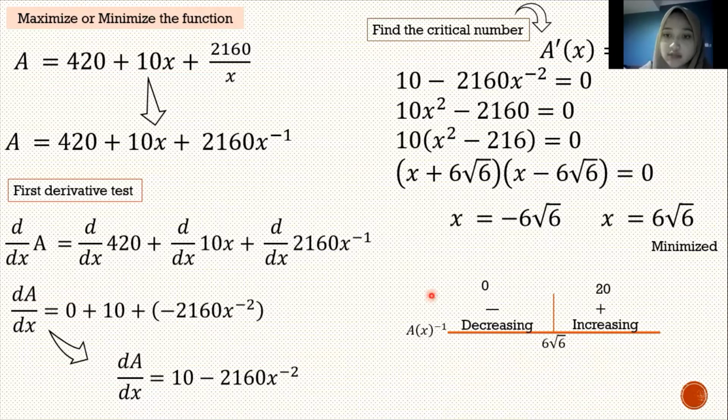After substituting 0 and 20 into the first derivative equation, I get a negative sign for 0, meaning decreasing. And for 20, I get a positive sign, meaning increasing. So when the sign is first decreasing and then increasing, it means the critical number is actually a minimum. So that's all from me.